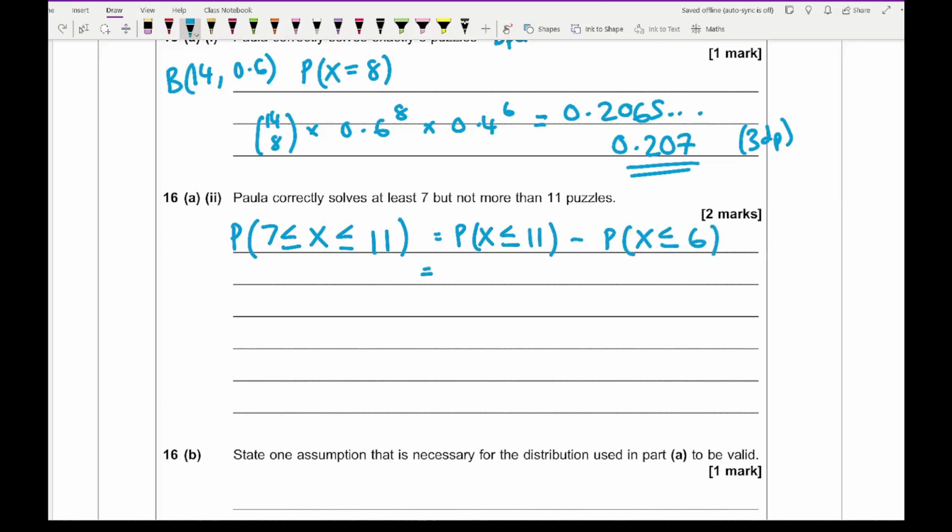So again, typing those values into the calculator, we get 0.9602 minus 0.1501. And if I take away those two answers, I get an answer of 0.810. And again, that's to 3 decimal places.